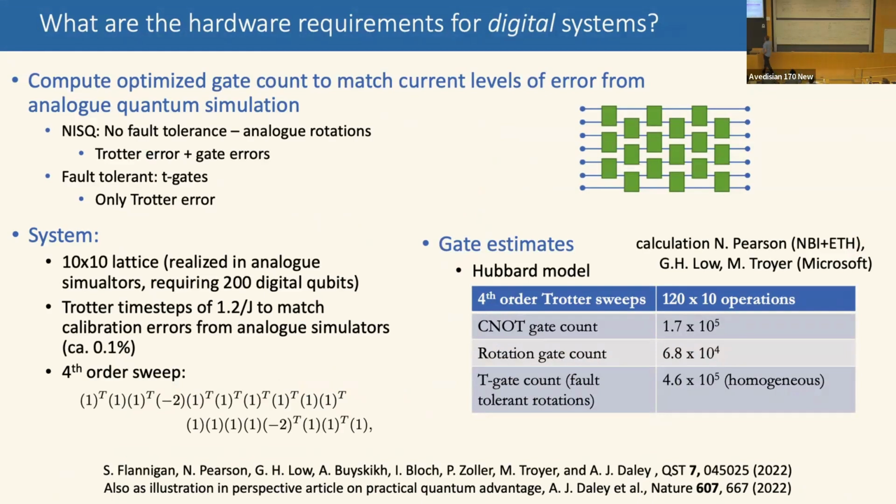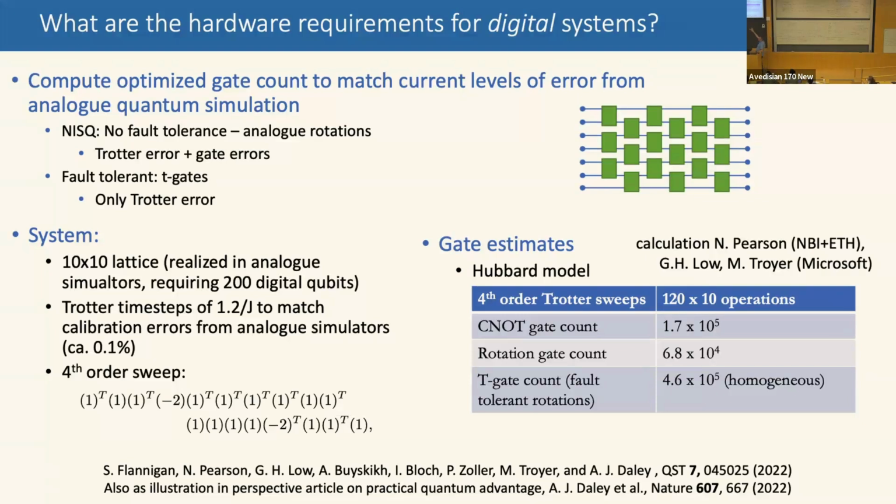We did these calculations in 2022 together with Natalie Pearson and with Matthias Troyer and a range of other co-authors that gave input on various different things, including Stuart Flanagan, who did these analog system calculations.